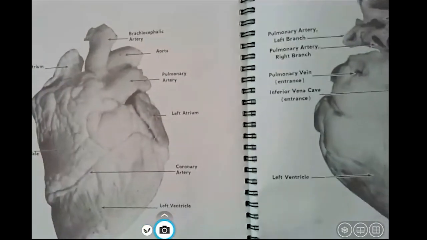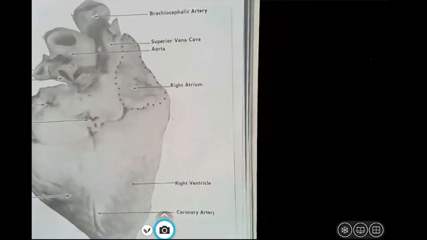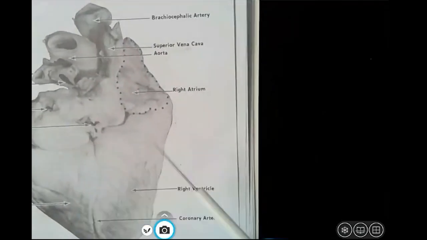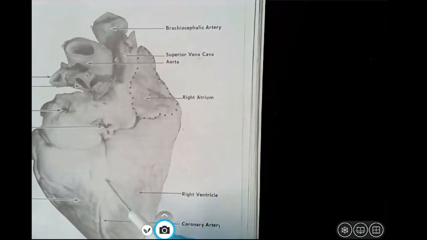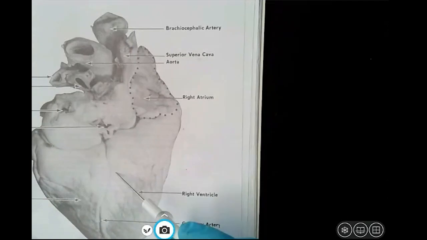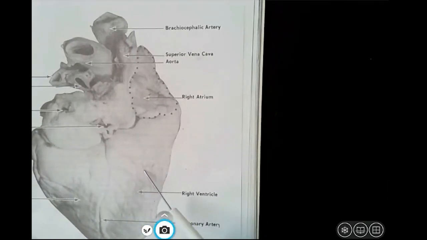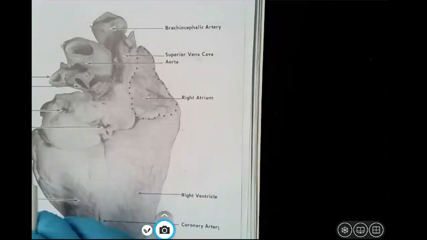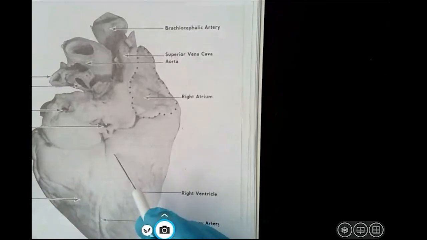And then we have the dorsal view, which is the back. And here's the coronary artery. Sometimes there's a cardiac artery, which is also there, comes up to the back. And remember, it's supplying the entire heart with oxygenated blood. And then you have the vena cavas, which are entering with deoxygenated blood.